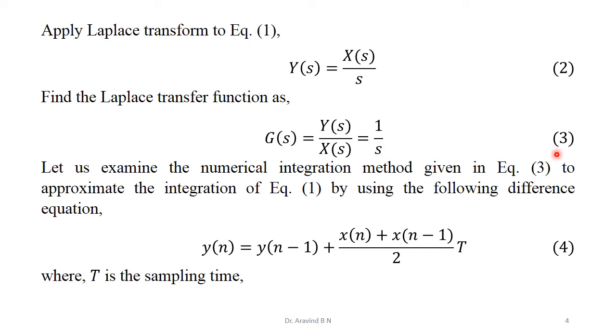Now let us consider the difference equation. The difference equation under consideration is y of n is equal to y of n minus 1 plus x of n plus x of n minus 1, whole divided by 2, into t, where t is the sampling time. Call this equation 4.